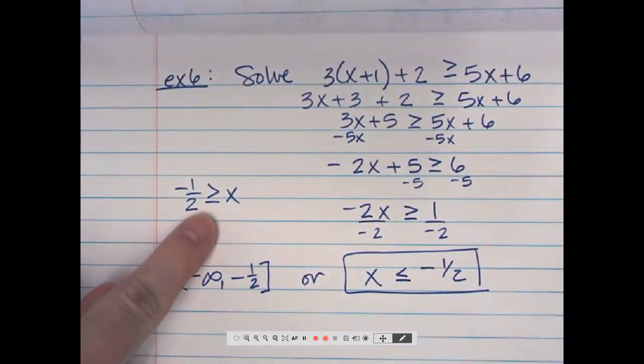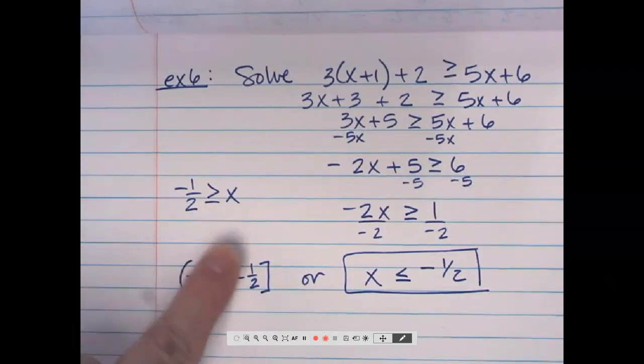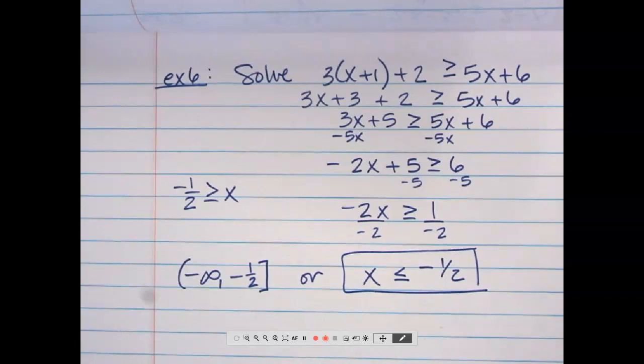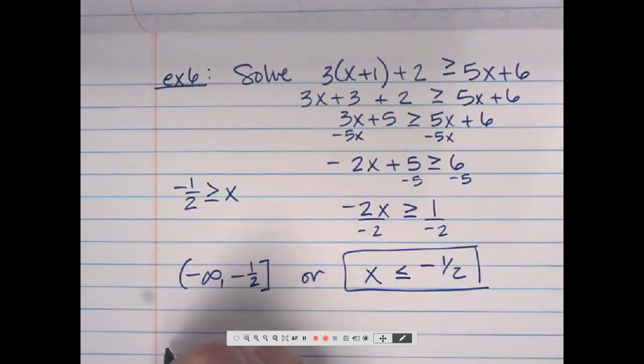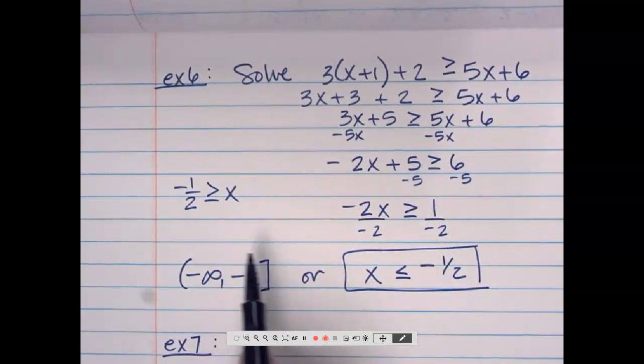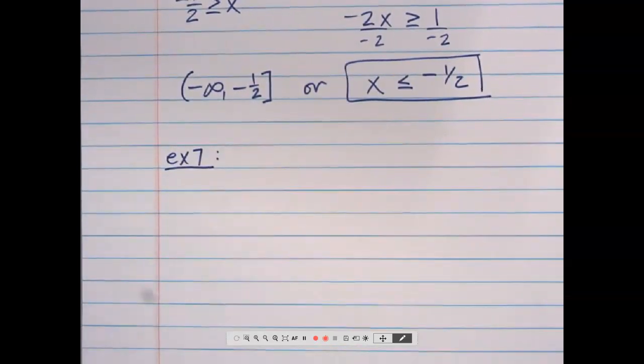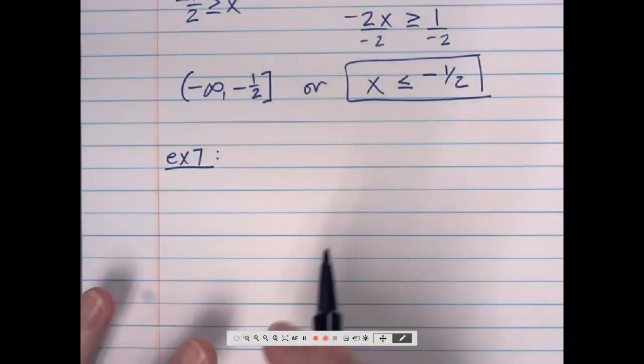To me, it's a little bit harder to write that one in this form. I would have to switch it around. All right, so are we okay on that one? Either is right.